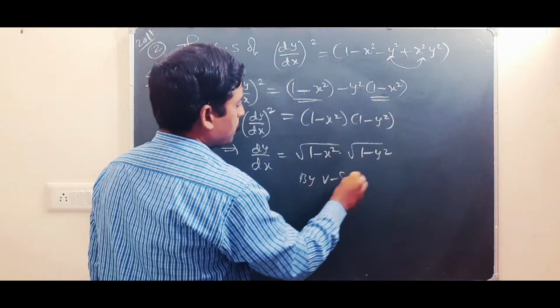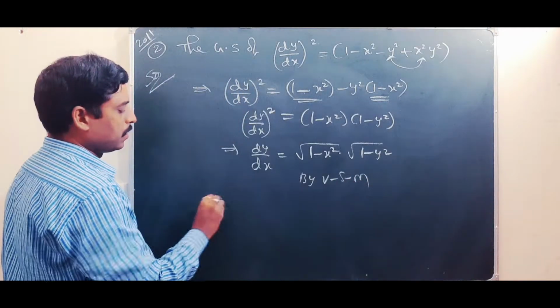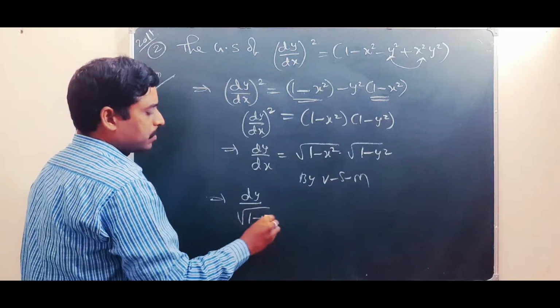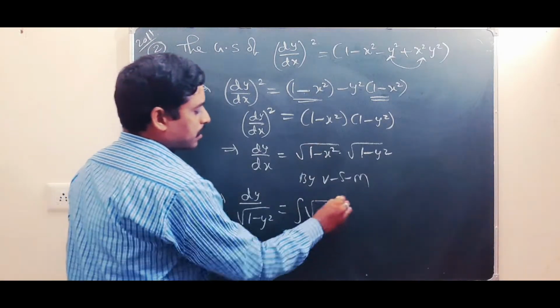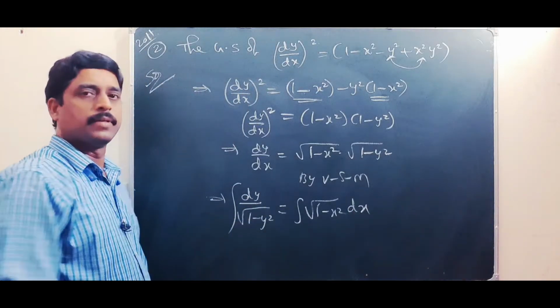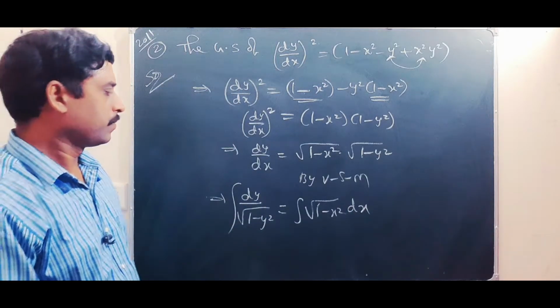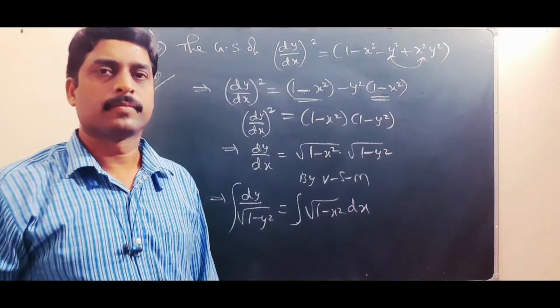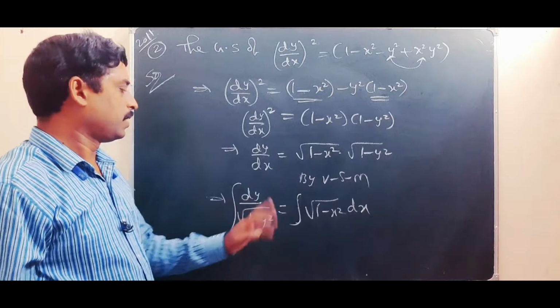By using the variable separable method, dy/√(1 - y²) is equal to √(1 - x²) dx. Okay, now applying integration on both sides.